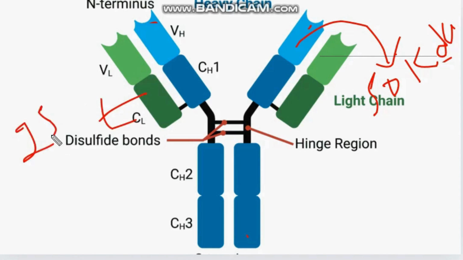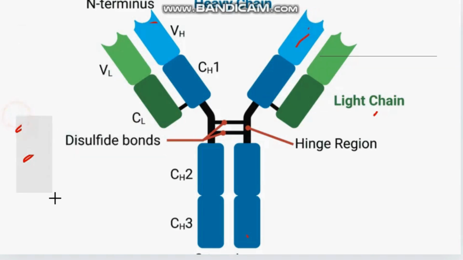So what does KDa mean? KDa is nothing but a dissociation constant. Here the dissociation constant will determine the affinity of the antibody to bind to the antigen. Antigen means any foreign material which is going to trigger antibody production.